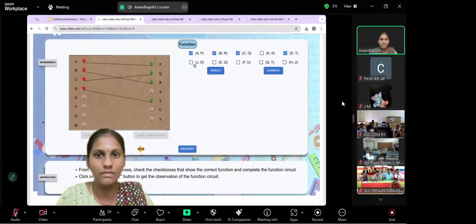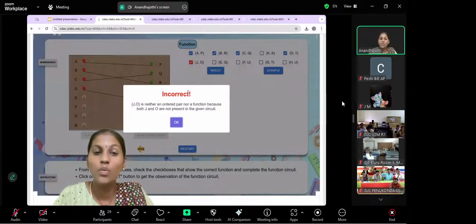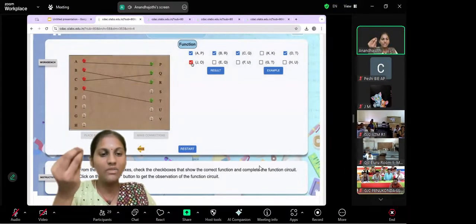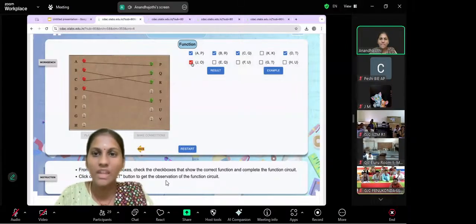D and T. Okay. So what happens if I click the wrong thing? It directly says it is incorrect. J and O is neither an ordered pair nor a function because both J and O are not in the given set, right? Likewise, it will show a message when you do something wrong also. Alright.